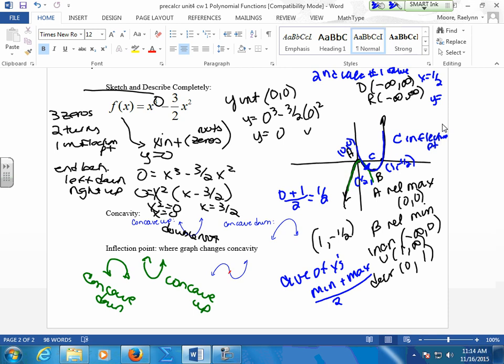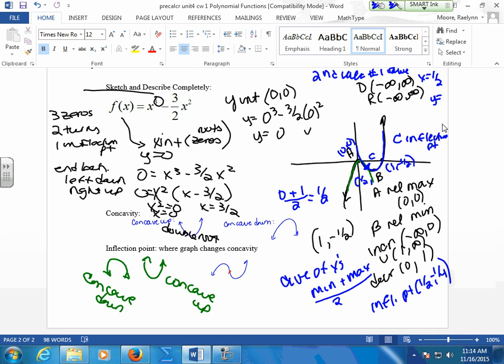And your calculator is going to tell me what is y. So what does it say? You add the min and max x's. Yep. And then divide by 2 and then find the y value. Yep. So it should say negative 1/4, right? So my inflection point is 1/2, negative 1/4. So we found your inflection.